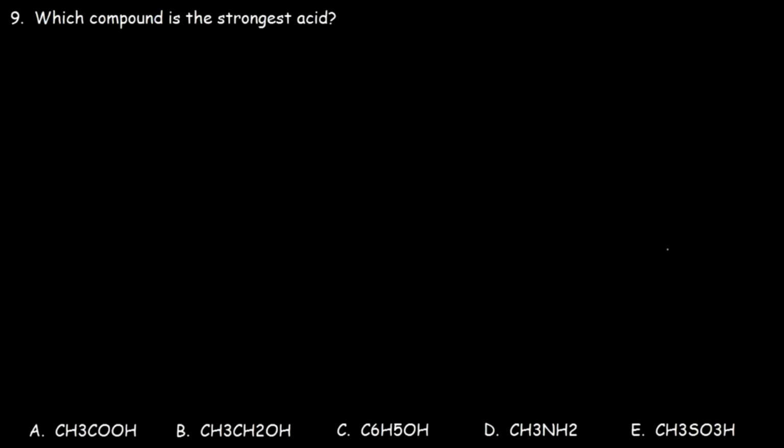Number 9. Which compound is the strongest acid? So let's look at each answer choice. For answer choice A, we have a carboxylic acid. You can see the functional group COOH. What you want to do is determine the pKa of each of these molecules. If you know the pKa, you can tell which one's the strongest acid.